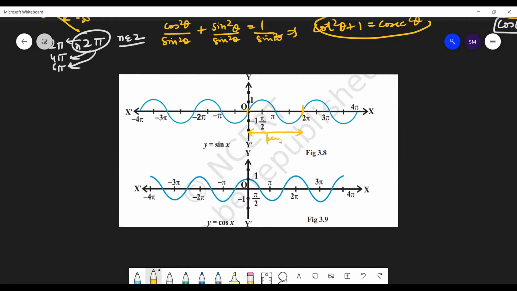So this is the period, or we call it periodicity. If we have this kind of graph, we call it a sinusoidal function.